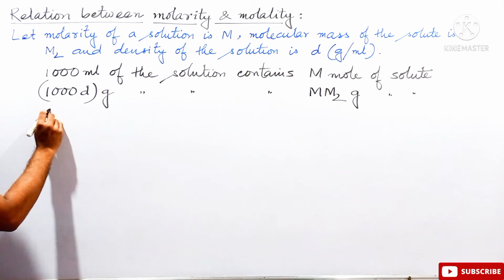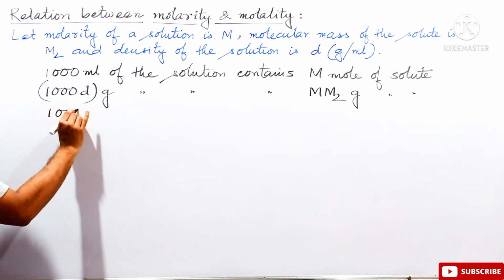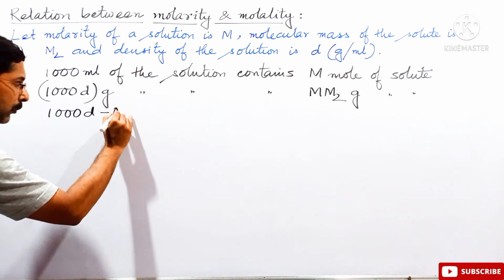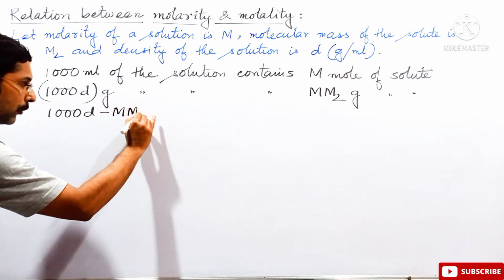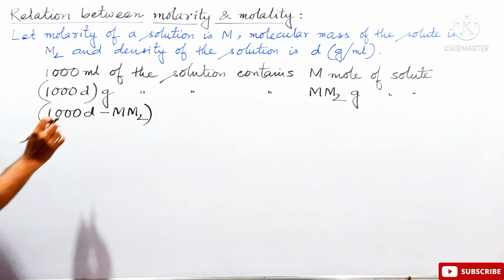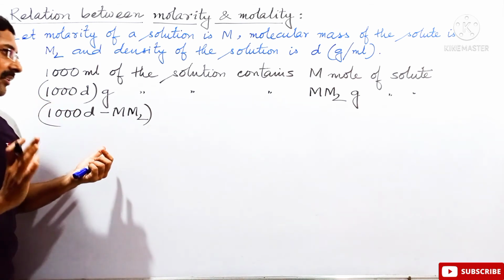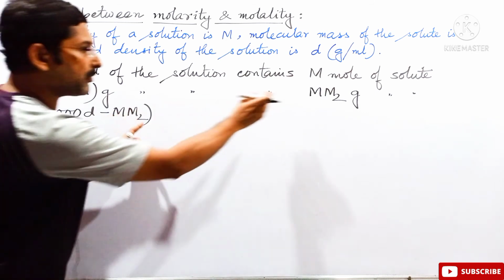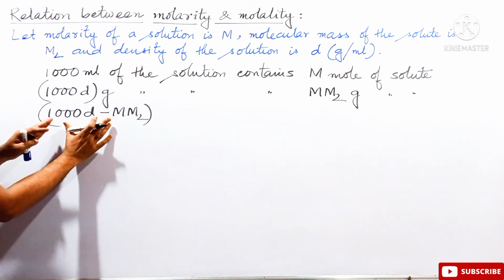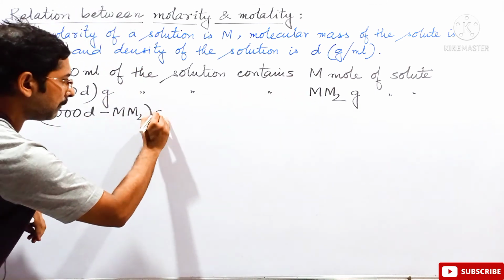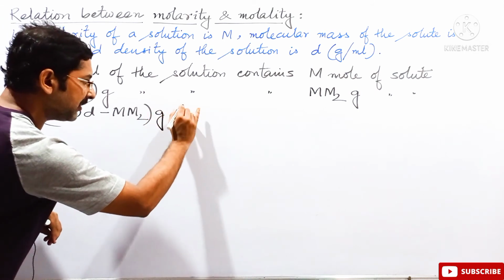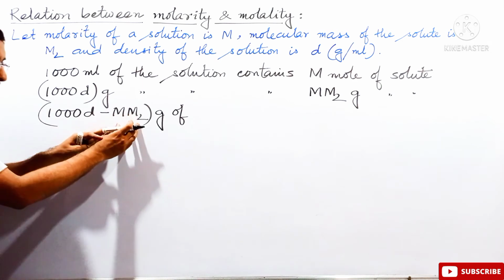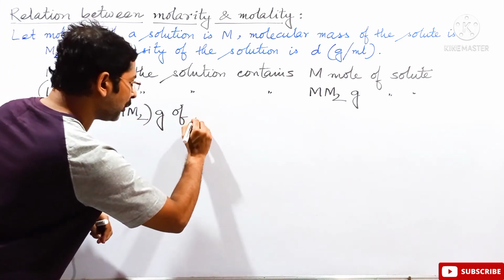Now look, if we subtract that M into M2 from 1000 into D, what will we get? This is the mass of the total solution and this is the mass of the solute. So subtraction yields the mass of the solvent. So we can write 1000 D minus M into M2 gram of solvent.